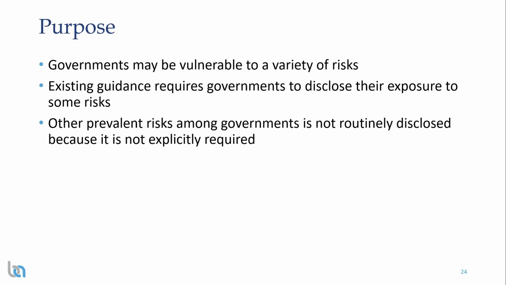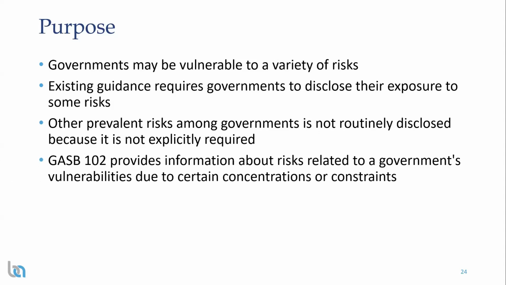However, other prevalent risks are not routinely disclosed because they're just not required to be. So GASB 102 is really trying to generalize risks and identify criteria that, if they are met, require you to disclose some information about some of these risks.